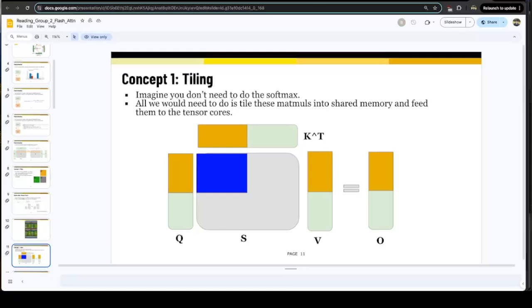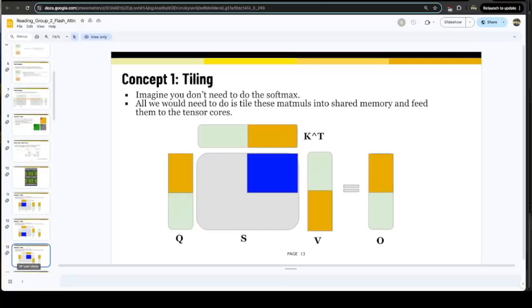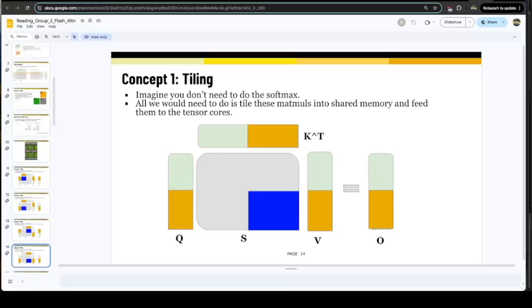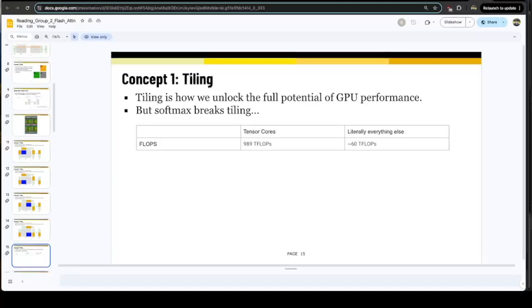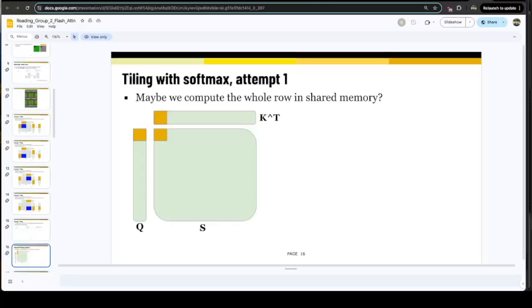So it's very easy to do this if you don't care about any of those activation stuff. The next one's a couple of tiling slides, so you can go through that pretty quick. So you just accumulate all of those, and then you're done. But tiling is how.